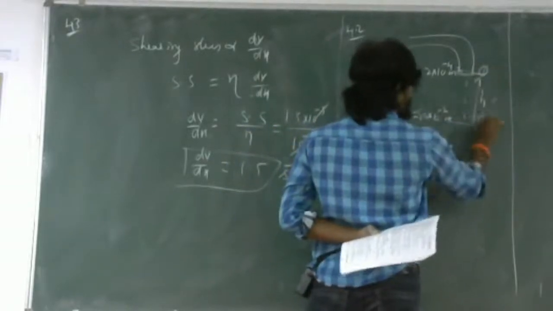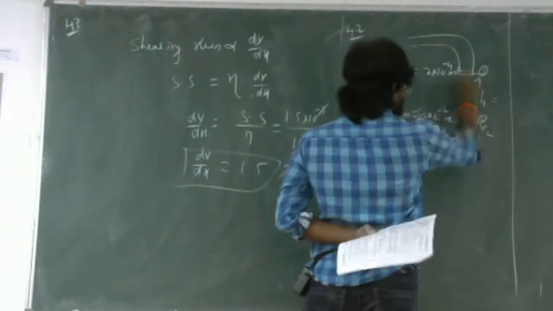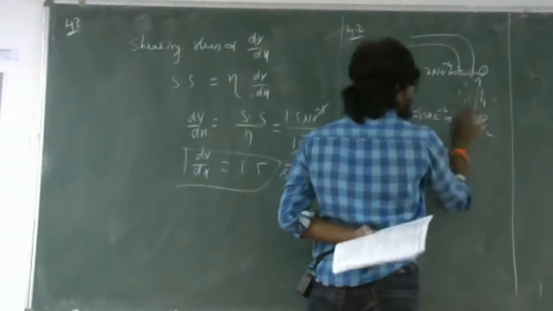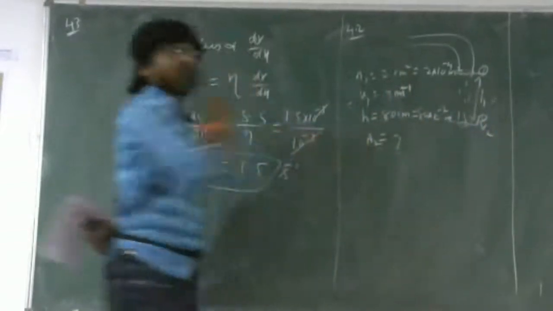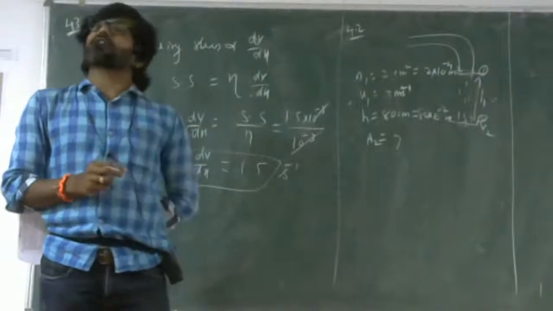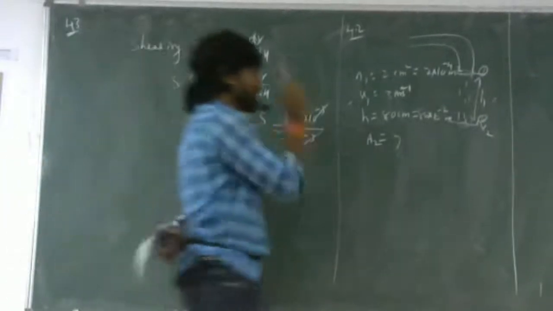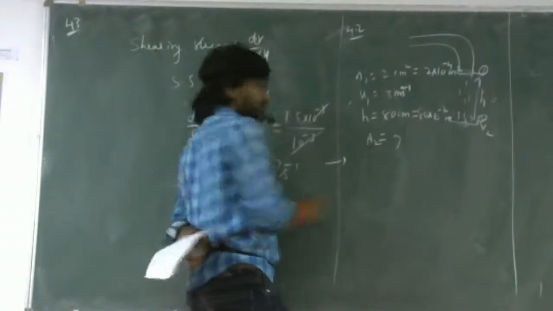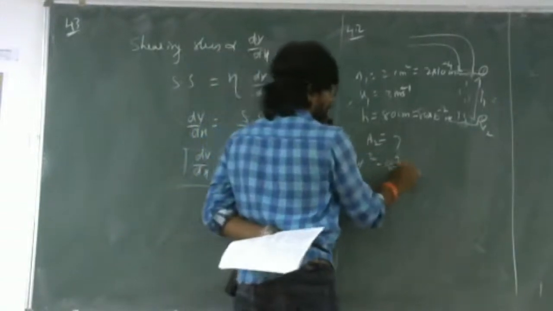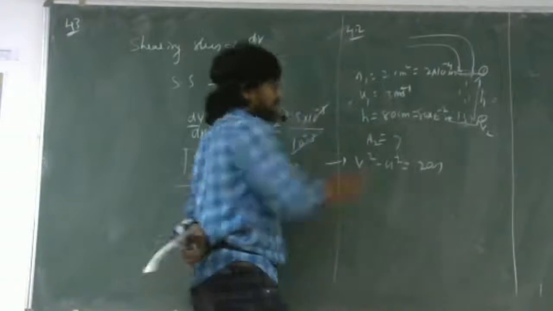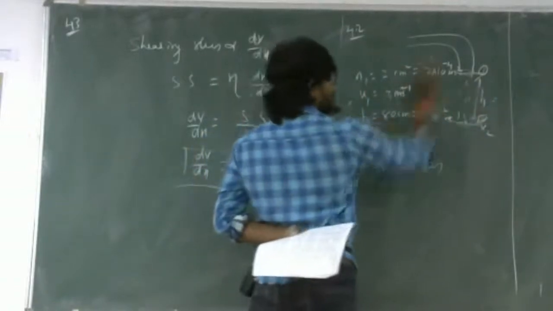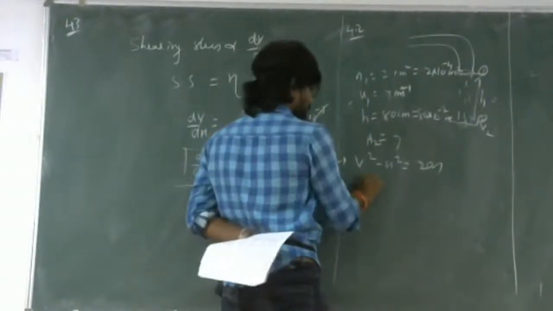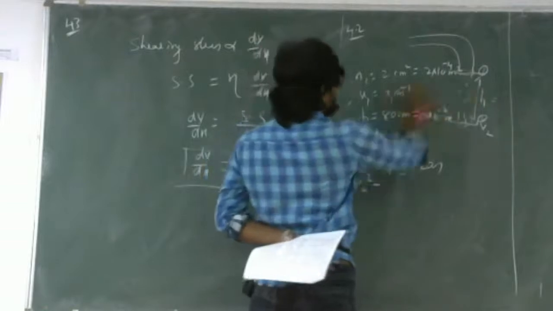At the second point it will have some area, of course. What is this velocity and hence what is this area? Then you can find it by using the equation of continuity. First, to find the velocity, you have to use the equation V square minus U square equals 2as, where V is V2 and U is V1.